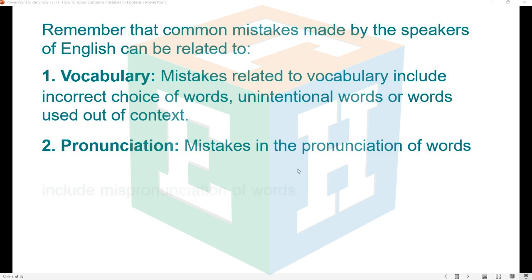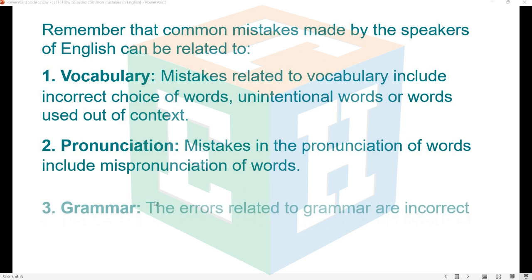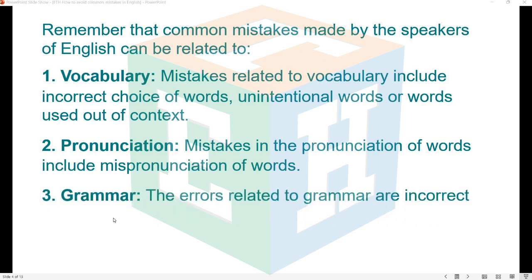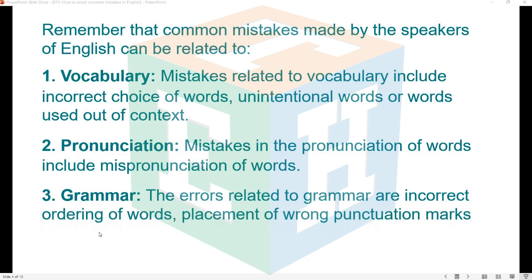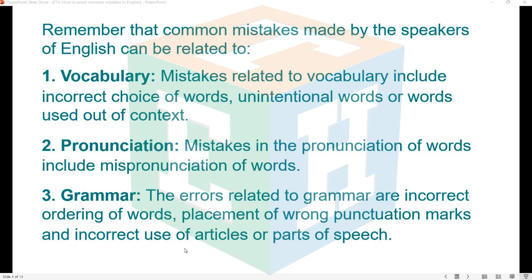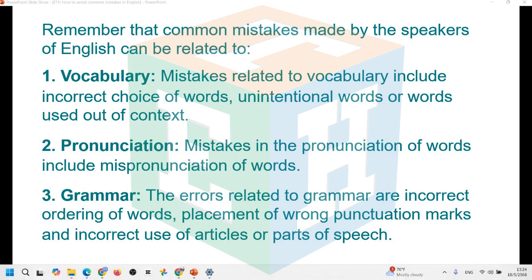Mistakes in the pronunciation of words include mispronunciation of words. Number 3, grammar. The errors related to grammar are incorrect ordering of words, placement of wrong punctuation marks, and incorrect use of articles or parts of speech.